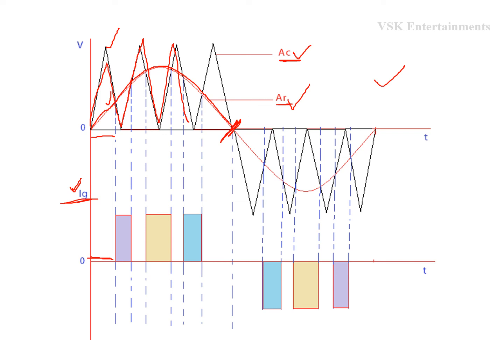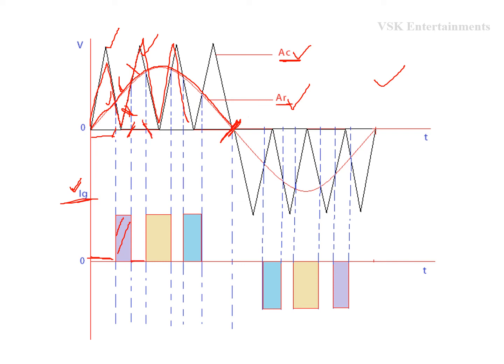Now compare from this point to this point. In this duration, the magnitude of reference signal is greater than the magnitude of carrier signal, so we are going to get the gating pulse. Similarly, from this point to this point, the magnitude of carrier is greater than the magnitude of reference, so we are not going to get any gating pulse.